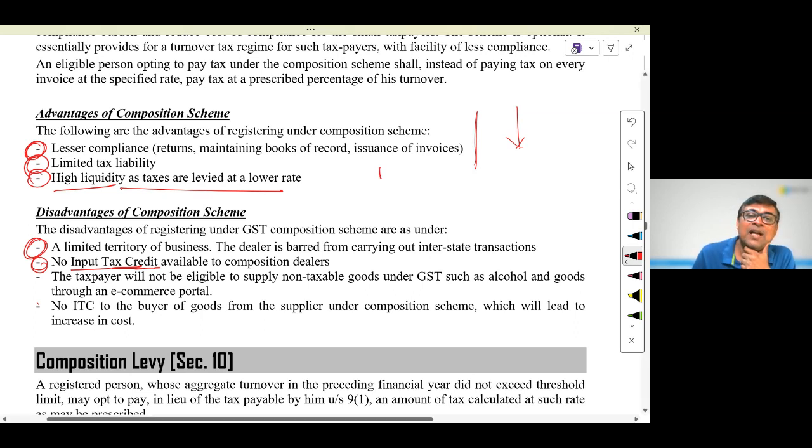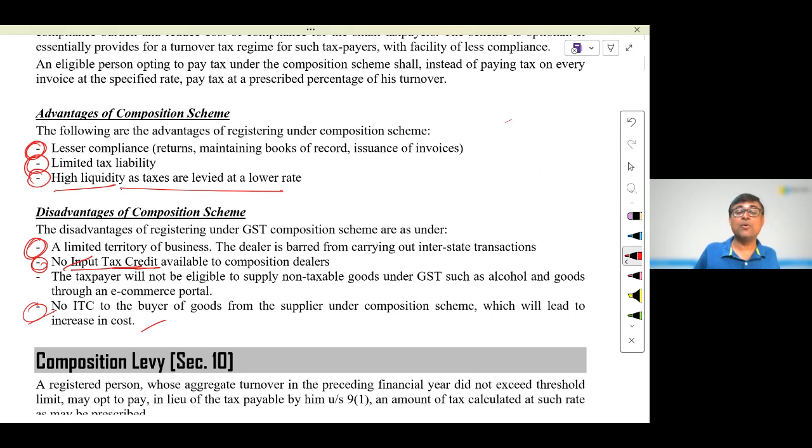Ideally, what happens if I'm selling goods worth 1 lakh rupees, GST rate is 18,000? I will collect the entire 1,18,000 from my customer. But in this situation, if I am under composition scheme, the rate is concessional, but I'm not entitled to recover the amount of tax from my buyer, from my customer. The rate is concessional, but the tax amount, I'm not eligible for ITC and I'm not eligible to recover that tax component from my buyer.